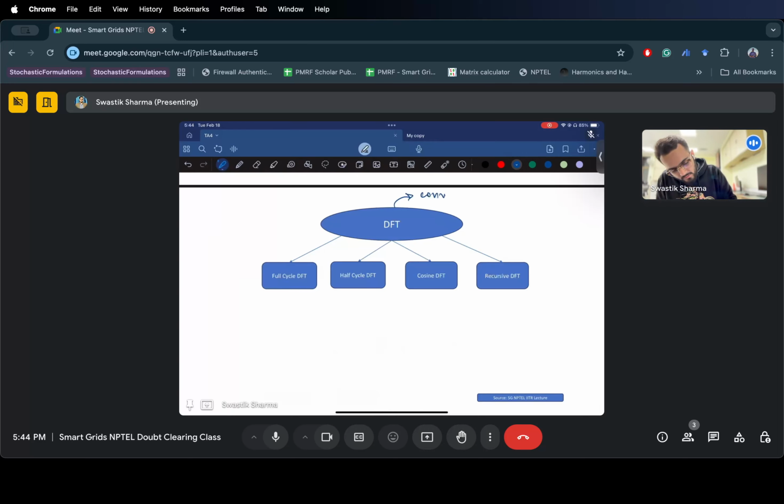It converts your signal from time domain to frequency domain, right? And that is what happens with DFT. There are a few different kinds of DFT, but we'll talk about everything in detail.